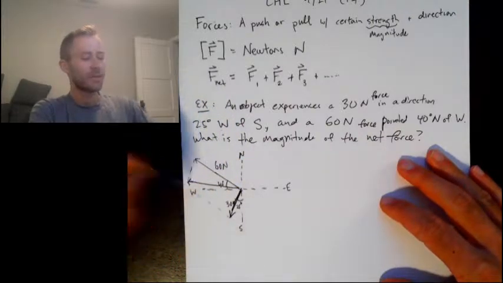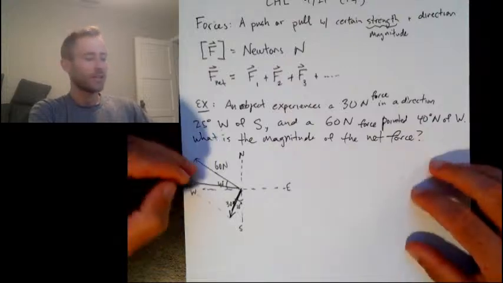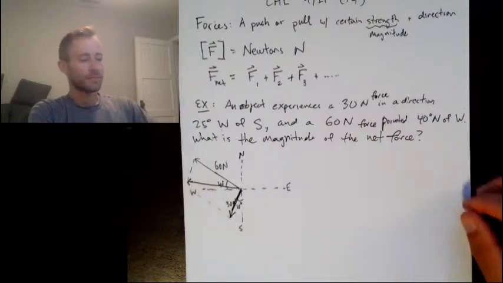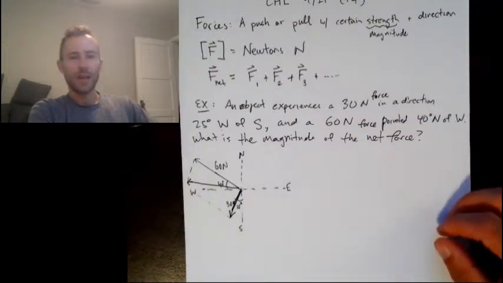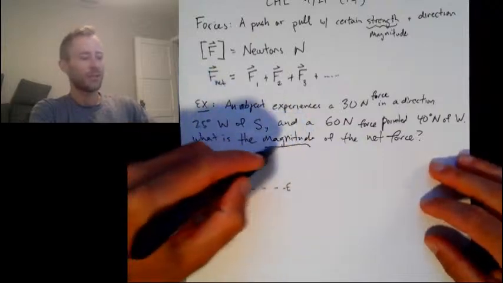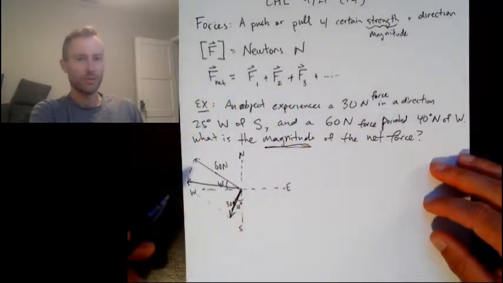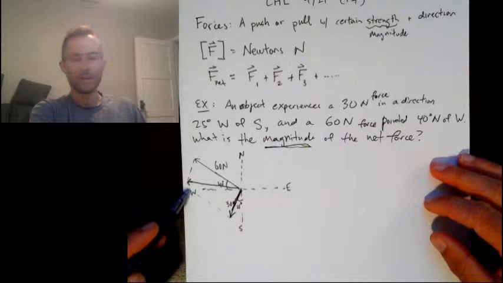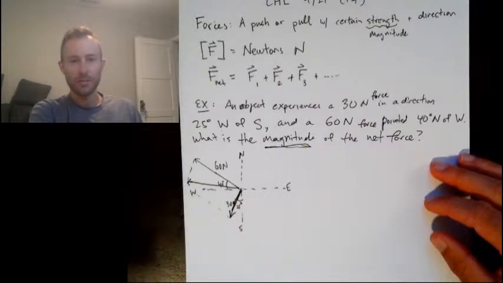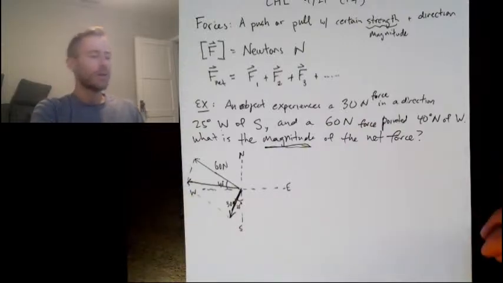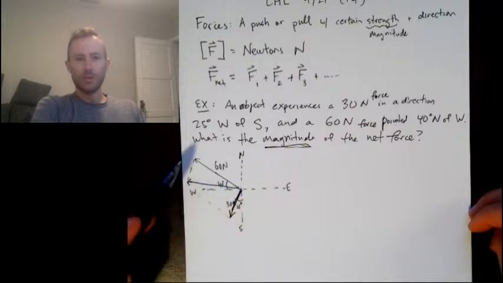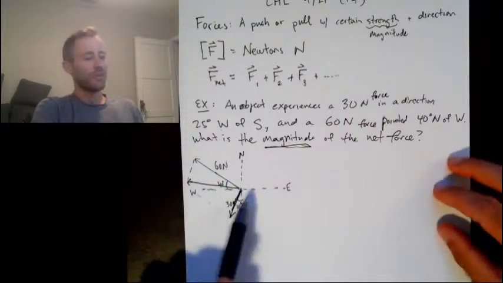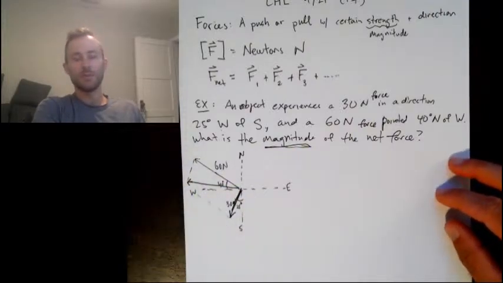Boom, like that. That is the net force. By asking for the magnitude of the net force, I'm essentially asking you to do the Pythagorean theorem on this vector. So this is how you would do this problem in pictures. The length of that arrow would be the answer.